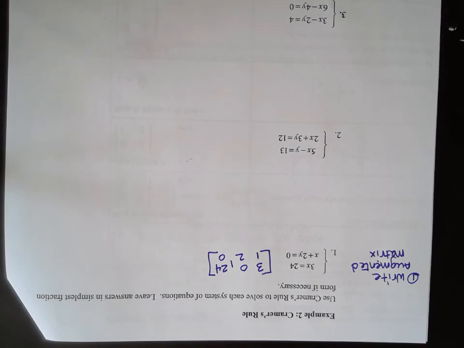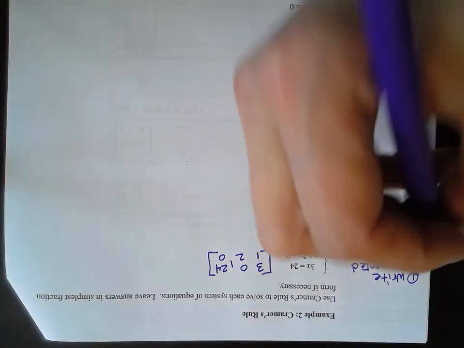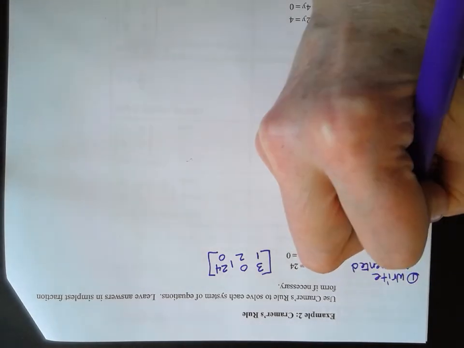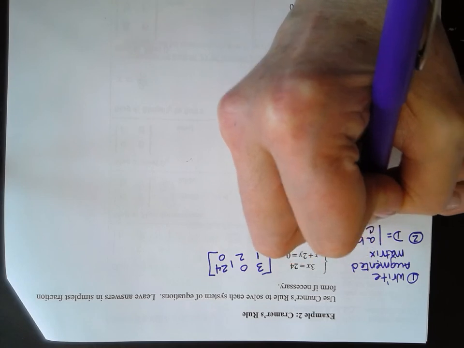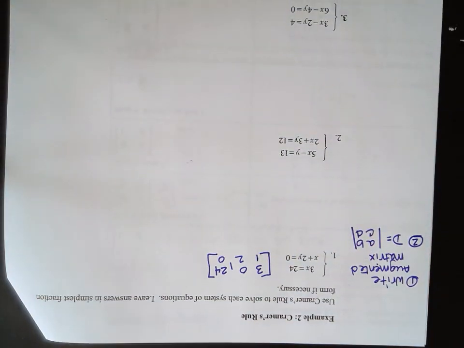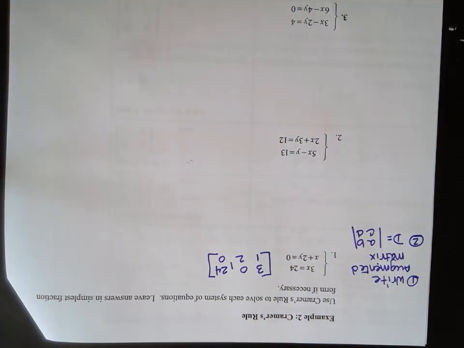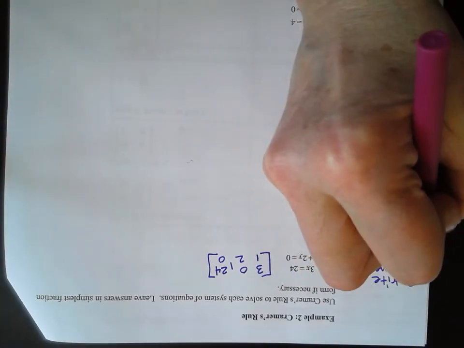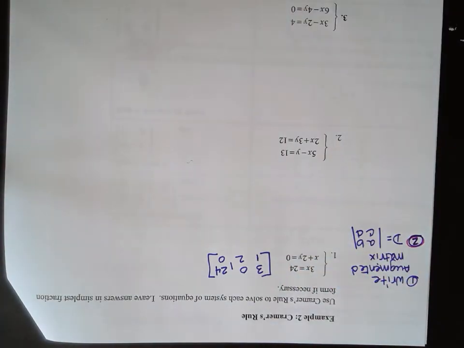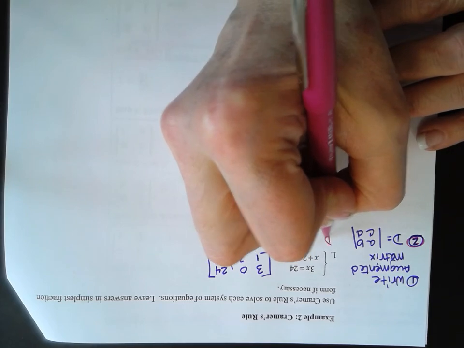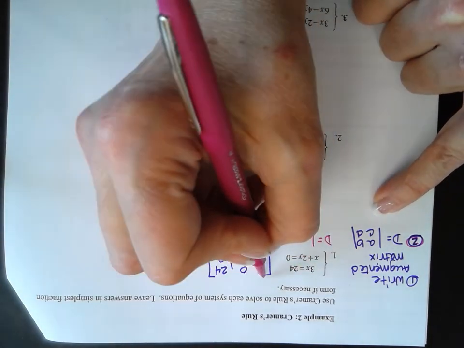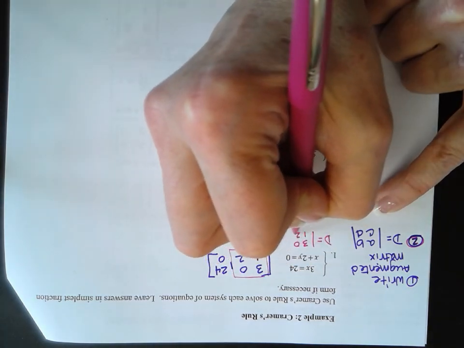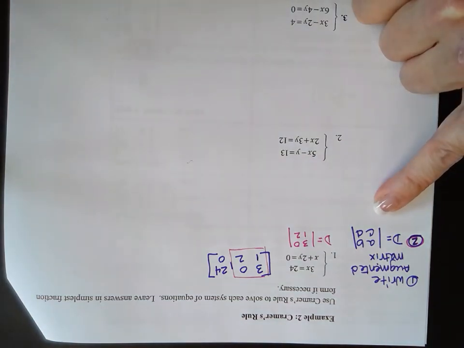Then my second step is to find my determinant, which is A, C, B, D. Sorry, I just used two purples, messing up my color formula. So my determinant is this part right here: 3, 0, 1, 2.